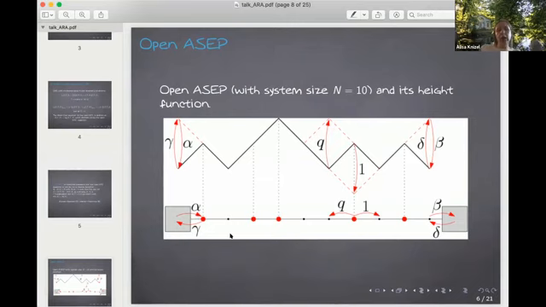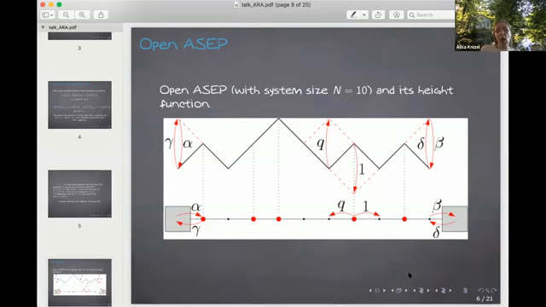They can be located at integer sites, labeled from 1 to capital N, so N is equal to 10 in this picture. We fix this interval from 1 to N, and at most one particle can occupy a site. This is our configuration space.